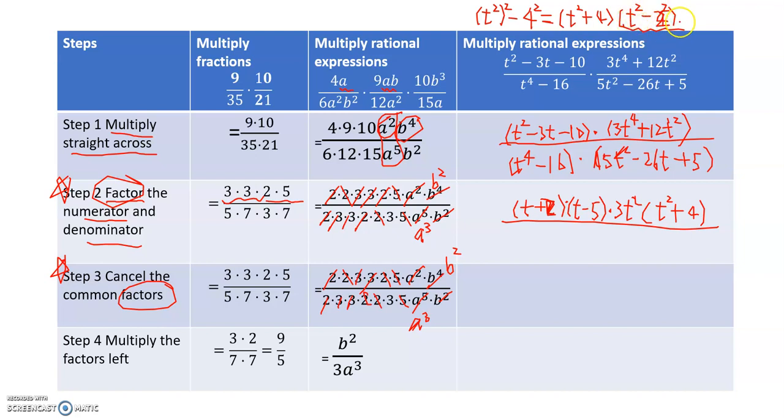So that part can be factored as t plus 2 times t minus 2. But t squared plus 4 cannot be factored any further because we don't have the sum of 2 squares. We only have the difference of 2 squares. So I will leave t squared plus 4 as it is and factor t squared minus 2 squared as t plus 2 times t minus 2.